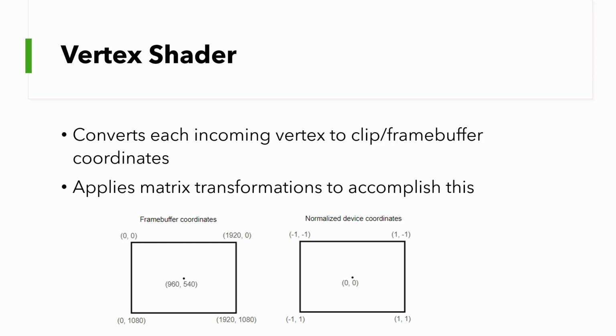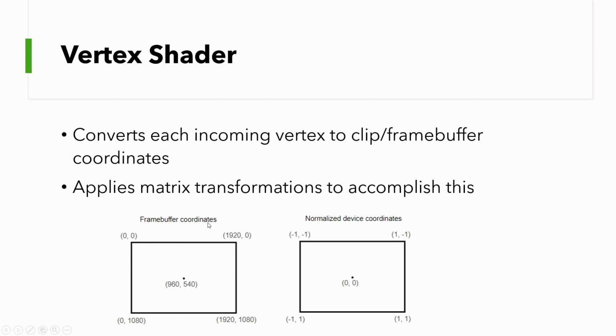Okay, so now for a little bit more detail. So the vertex shader converts each incoming vertex to clip or frame buffer coordinates. And you can see that I've got that down here. So what this might look like in a typical scenario, if we're not rendering to a texture or something like that, let's say we're rendering essentially to the screen, quote unquote. We will have a frame buffer that is the resolution of the screen. In this case, it's 1080p, right? 1920 by 1080.